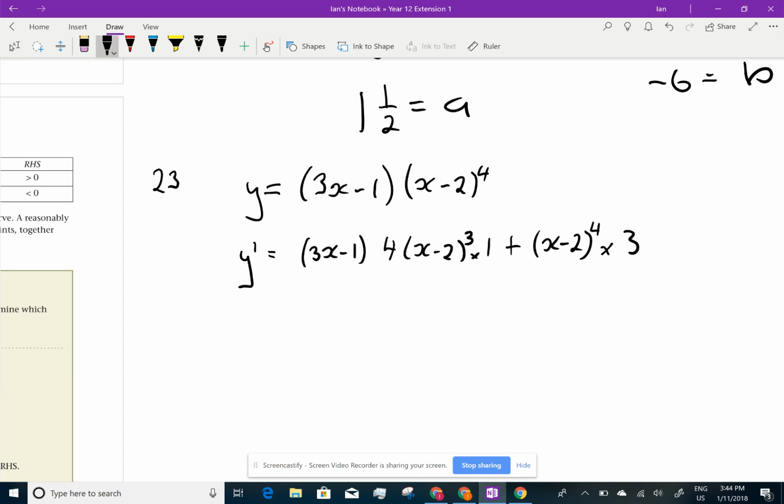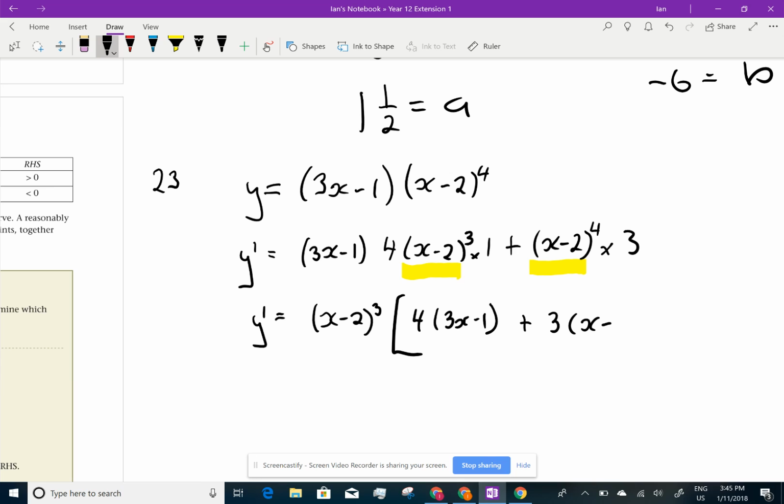Now, when you do this, factorise before you simplify. I'm going to take x minus 2 cubed out of both sides. So I'm going to get y dash equals x minus 2 cubed. Now, if I take it out of the first bit, I'm left with 4 times 3x minus 1. If I take it out over here, I've got 3 and I've got x minus 2.